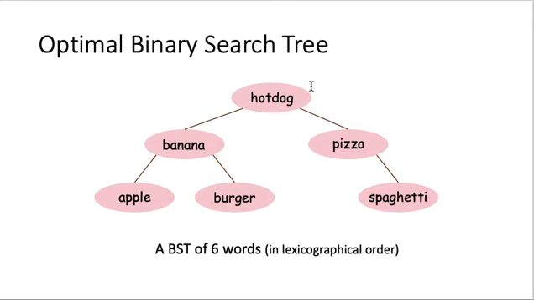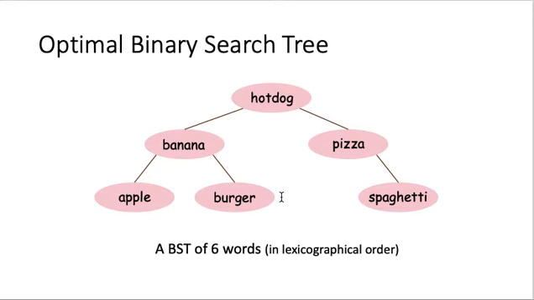If we take a look at the root node, hot dog, any value appearing on the left subtree of hot dog will be smaller than hot dog, and similarly, anything on the right side will be larger. And this is true for every node. For instance, for banana, anything appearing on the left side of banana is smaller than it, and on the right side it is larger.